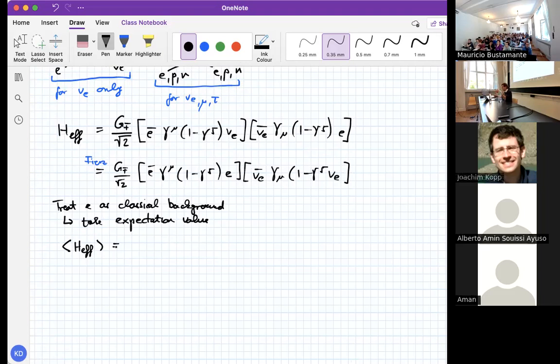And then you contract the creation and annihilation operators in those fields with the ones from your background state. And what this gives you is, well, you'll see in a moment what this gives you. So G_F over square root 2. So we want to evaluate the expectation value of the electron current here.